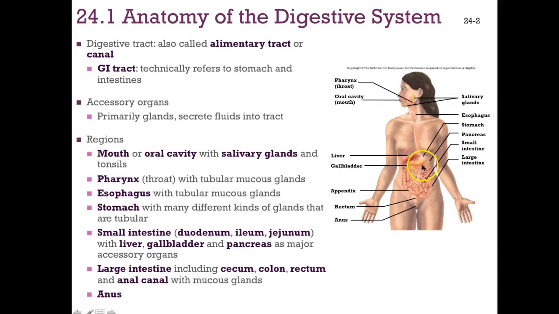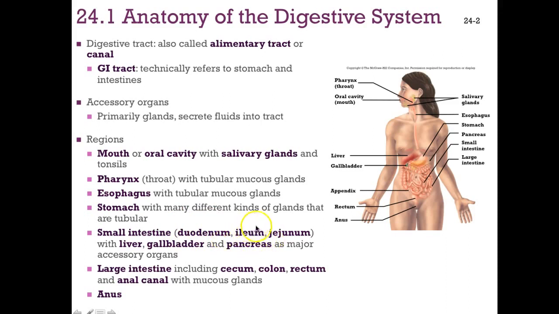And we have a ton of different glands in here that we'll discuss that are going to be tubular as well. From there, we'll move into the small intestines. Our small intestines are made up of three different parts. We have the first part, which is the duodenum. Then we have the jejunum, and then the ileum. I just realized that this is listing them in not the correct order.